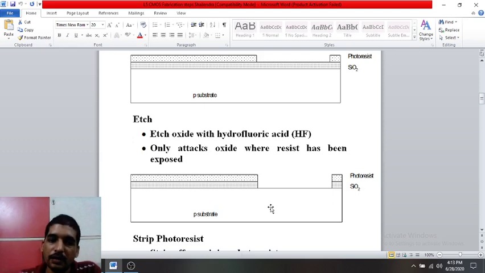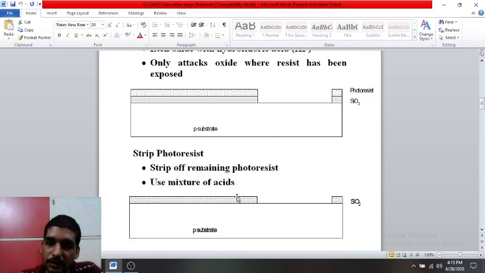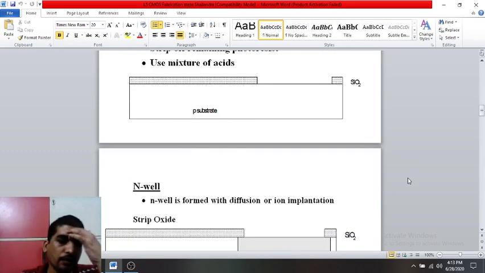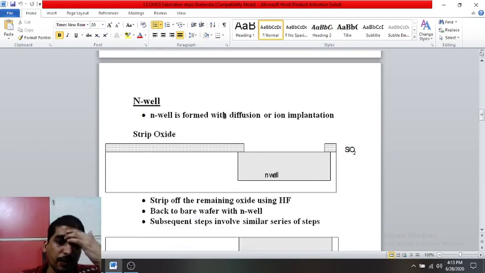Then first of all we will strip the photoresist where it is not required, and during this anvil implantation process this SiO2 will work as the isolation layer. So now we can dope and form the anvil, either using diffusion or implantation, and then we can strip the oxide.